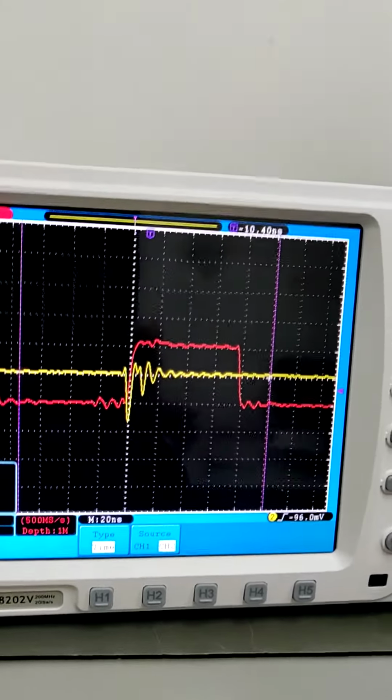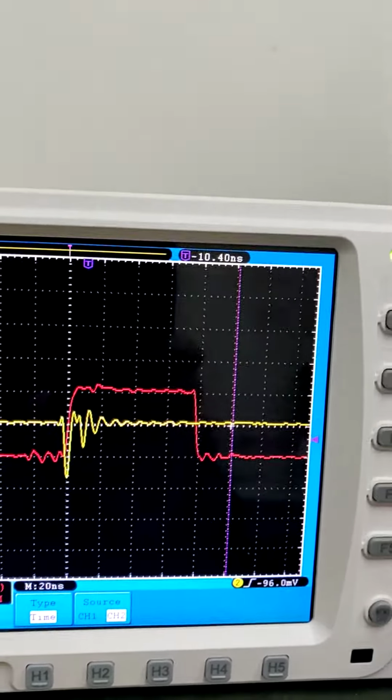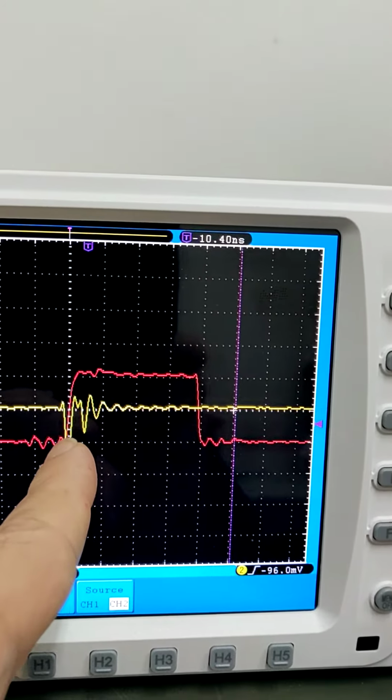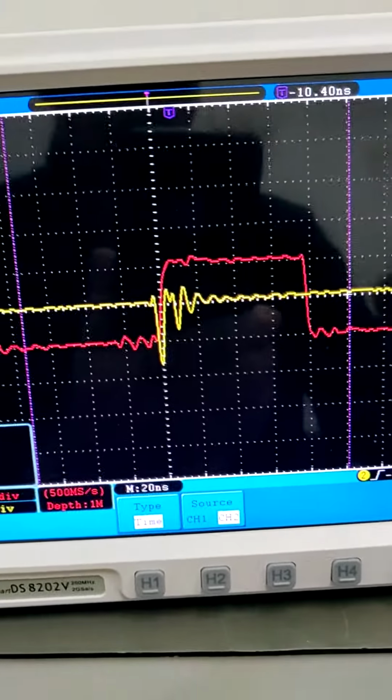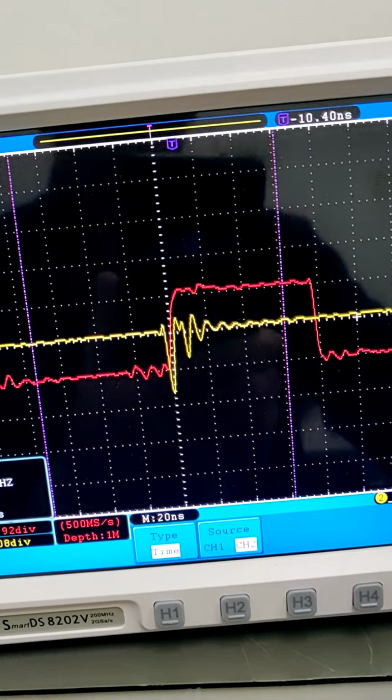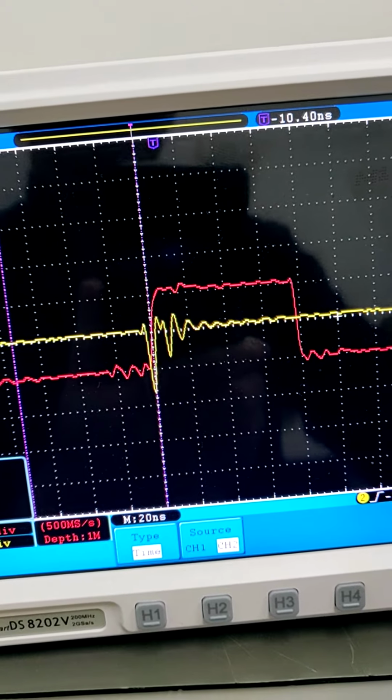Before that, I would like to explain an important point. You see here the pulse, it's in the yellow. This pulse, if we measure it, hold for a minute, we will use the cursor here.